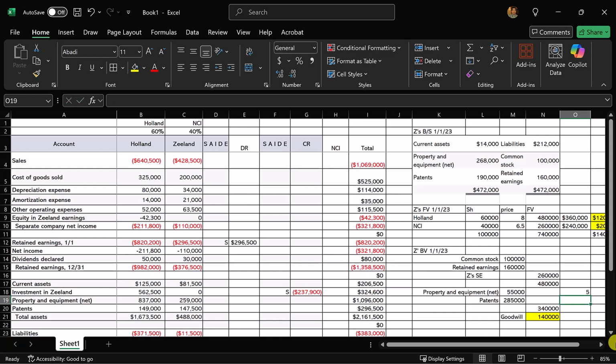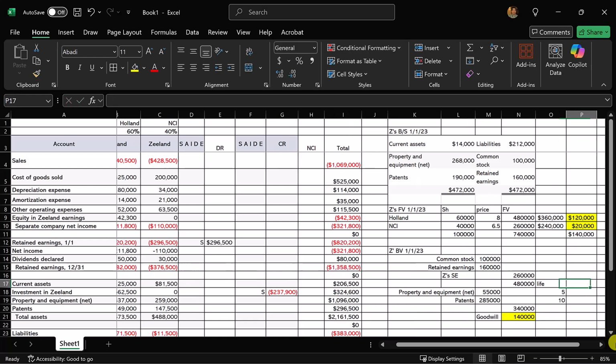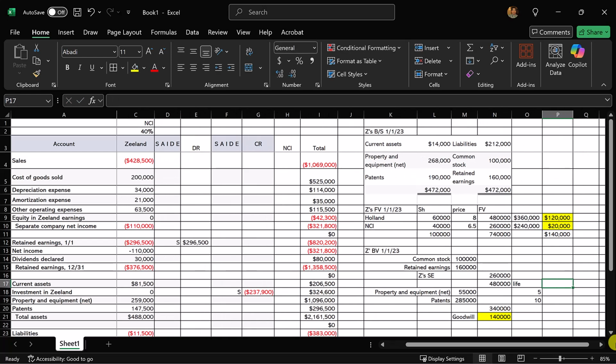So this is the life. We're going to divide the cost by the life to get the amortization, or the equipment should be depreciation, per year. So 55 divided by 5, and duplicate the formula.